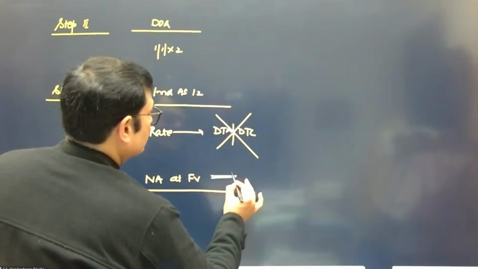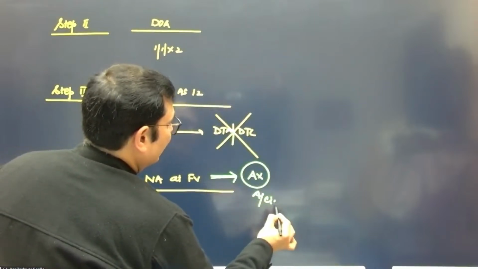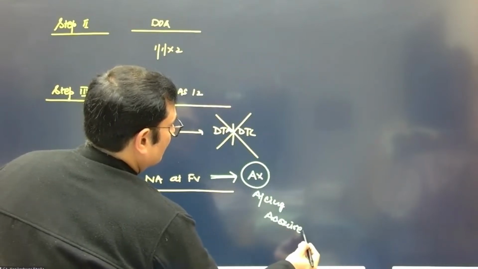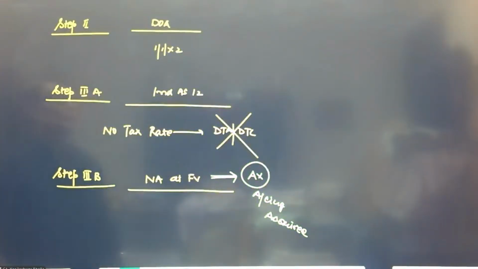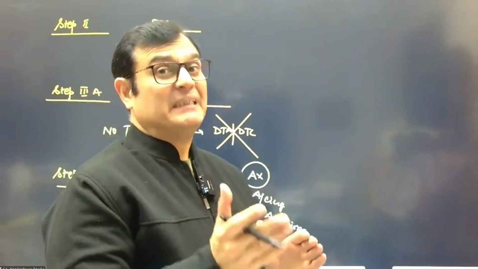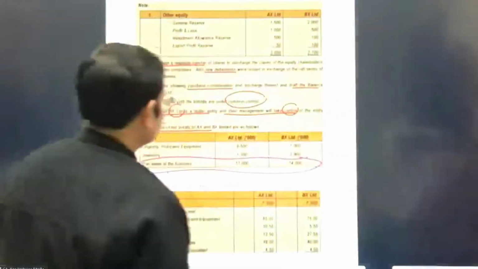Yes. So we need the net assets of the company AX, who is supposed to be the accounting acquiree. Because BX, who is the legal acquiree, is basically the accounting acquirer. So let's go back to the fair values of AX.